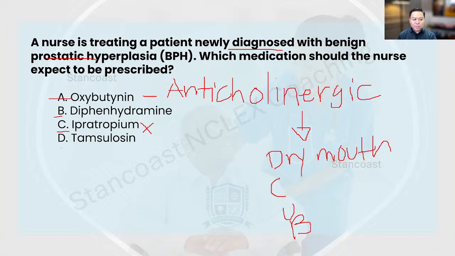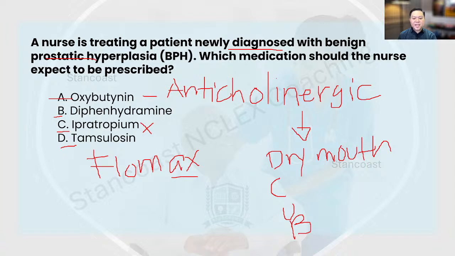What about letter D? We don't have any other choice but tamsulosin. So this is the one that I called Flomax. It can cause relaxation of the prostate muscle. Okay, so this can allow the urine to flow freely from the bladder into the urethra. And again, don't forget about the classification.